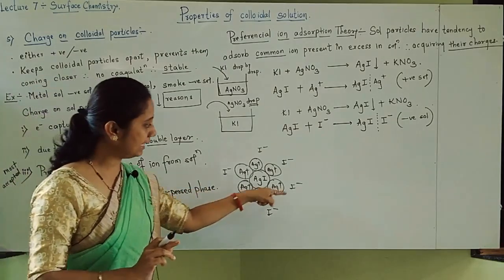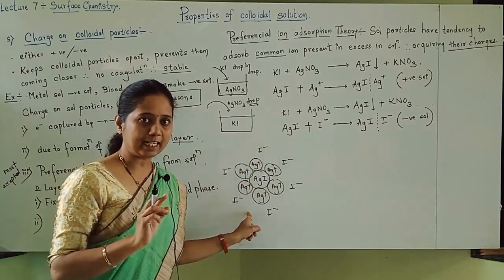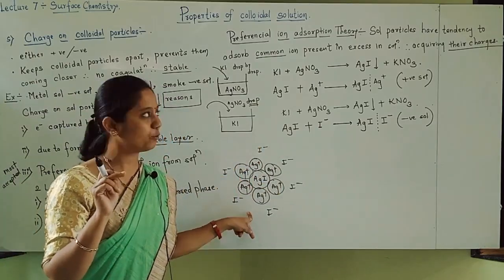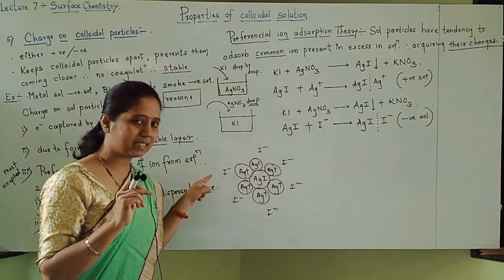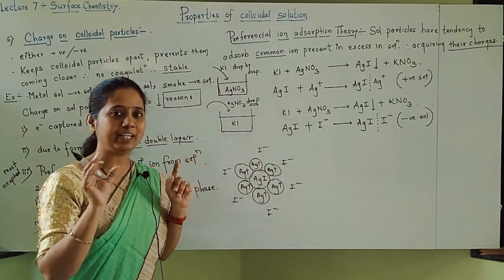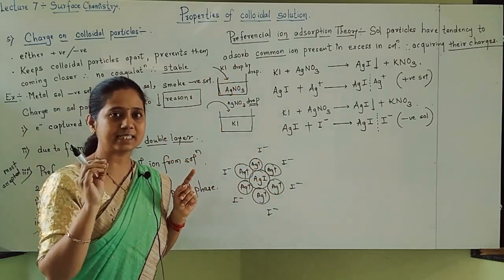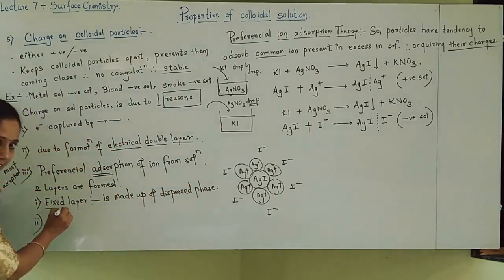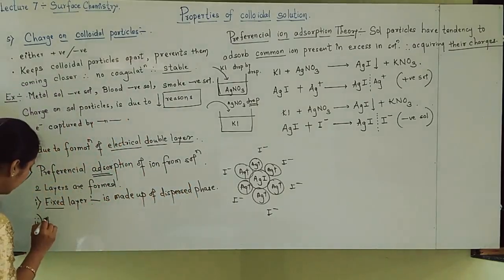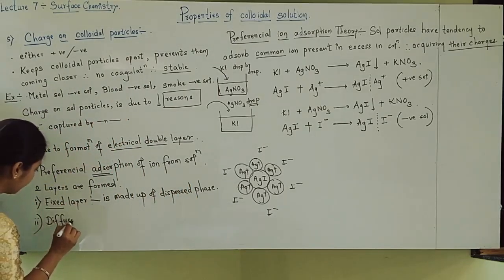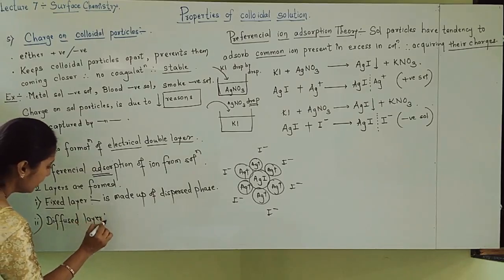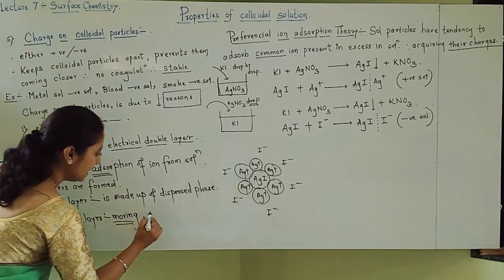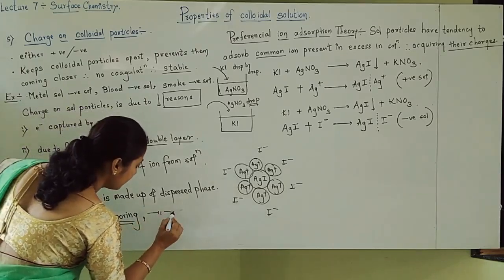Okay. Now the second layer is formed surrounding this. The second layer is a little moving type of layer because this layer is formed due to the dispersion medium. These ions are present in the dispersion medium. So this is a moving type of layer. This second layer is called the diffused layer. Okay. So here I am writing, first layer is the fixed layer. Second layer is the diffused layer. The diffused layer is a moving type of layer, and it is made up of dispersion medium.